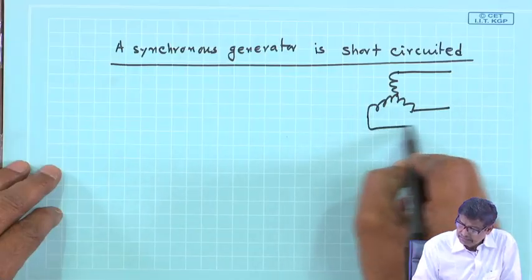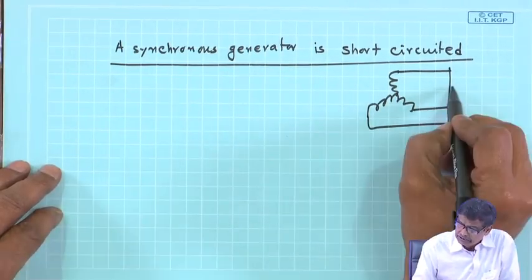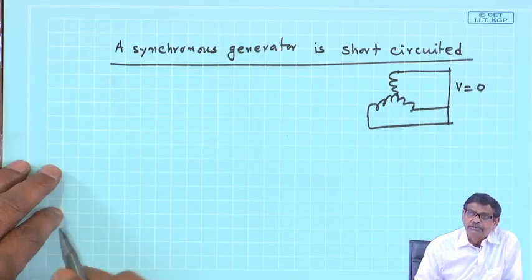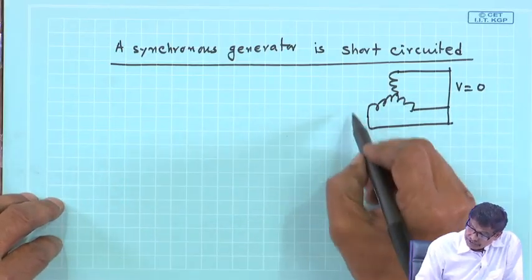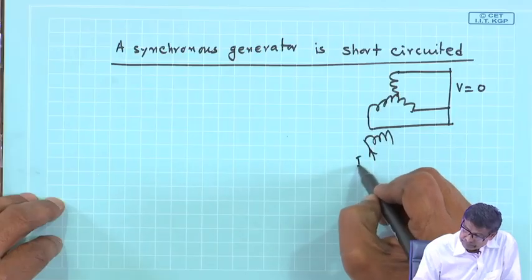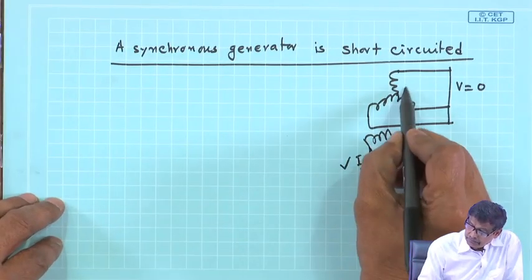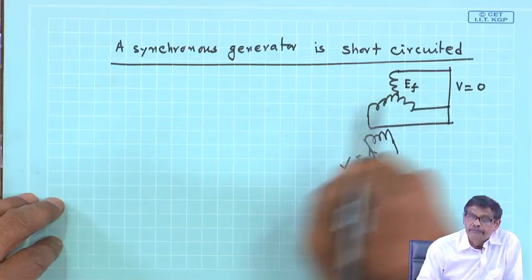The armature terminals are not connected to the bus, but are short circuited, which means that V equal to 0, terminal voltage is 0. Of course, excitation is present. So, there will be EF generated.